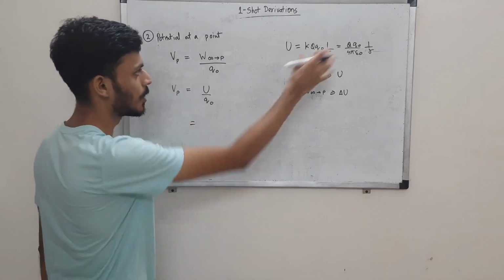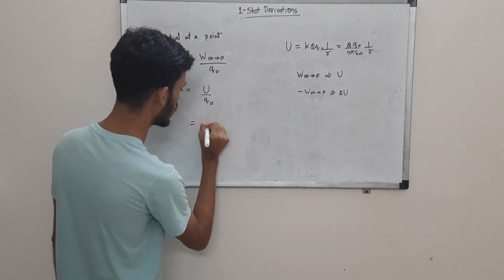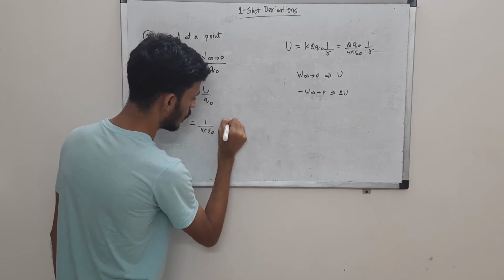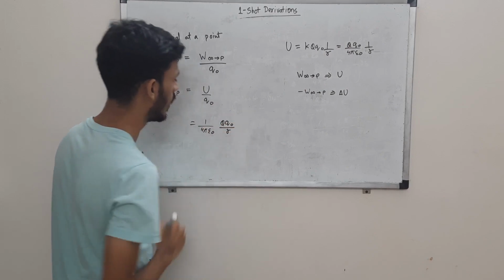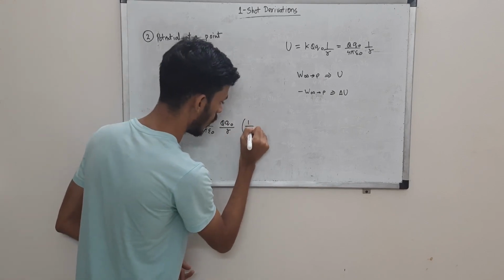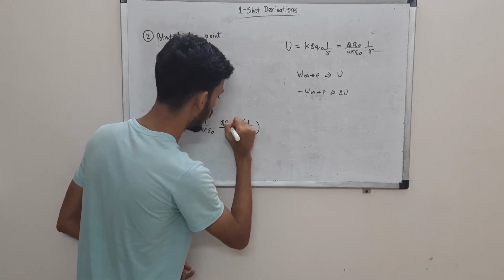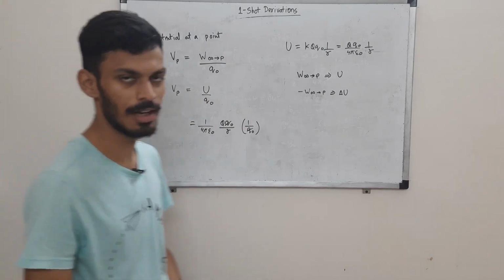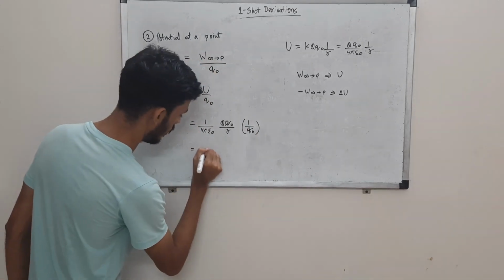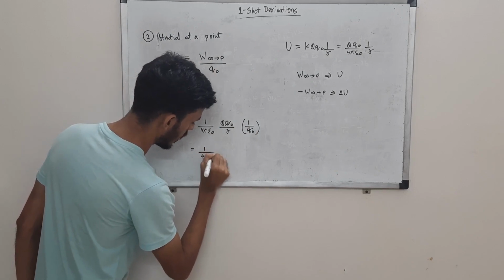You just have to substitute the value of potential energy, which is 1 upon 4 pi epsilon naught q naught by r, and you also have 1 upon Q naught. So this Q naught and Q naught will get cancelled. The potential is only due to the source charge; it does not depend on the test charge.